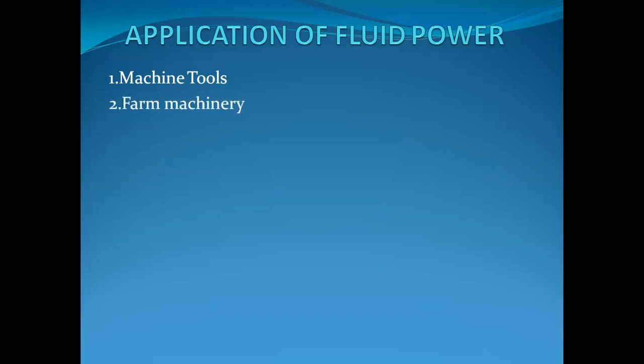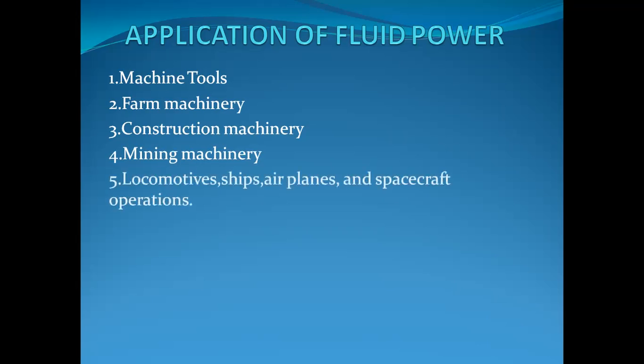And farm machinery, tractors is an example. Construction machinery: JCB, forklift, crane. Mining machinery, that's for drilling large holes through large depth. And locomotives in trains, the air brake; ships; airplanes, in airplanes, the landing system; and spacecraft operations.